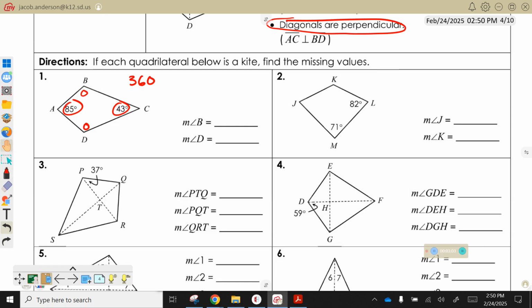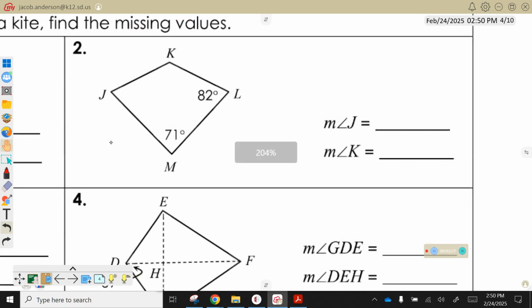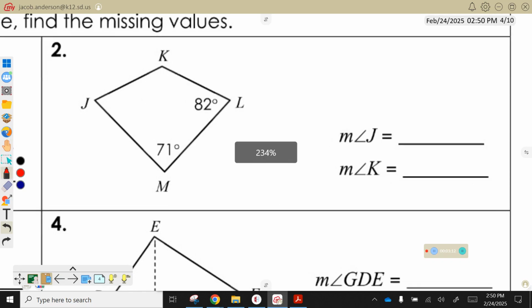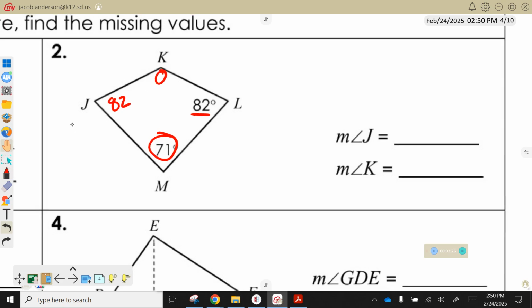Go. Okay, hopefully we have it by now. If this is 71 and this still adds up to 360 and this is 82, then you know this is 82 and you could find K by subtracting again. Go ahead.